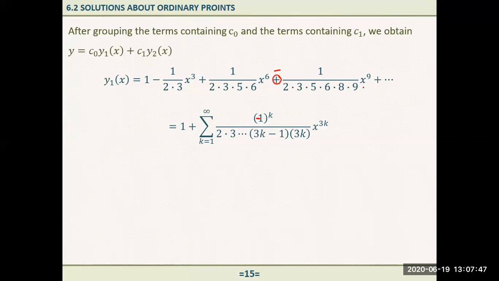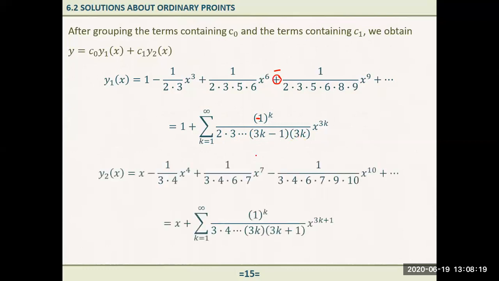Each time we have 3k minus 1 times 3k. If k equals 1, I get this term, and if k equals 2, you will get the next terms.